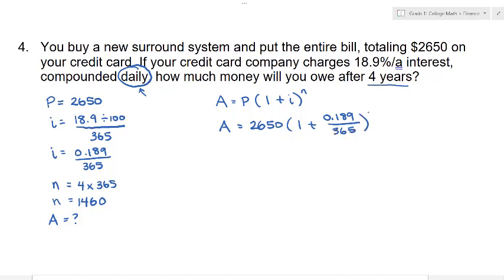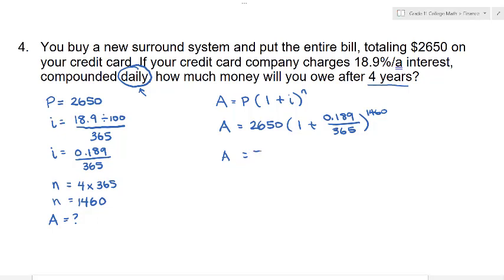And my N is 1460. All right, now I can just type this all up on my calculator. 2650 bracket 1 plus 0.189 divide by 365, close the bracket, to the power of 1460.